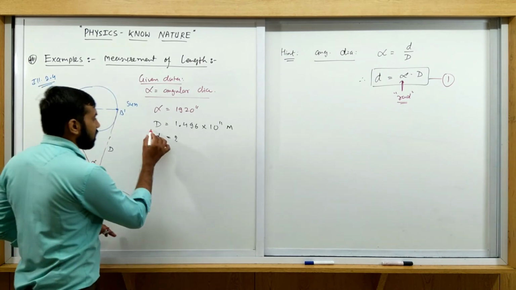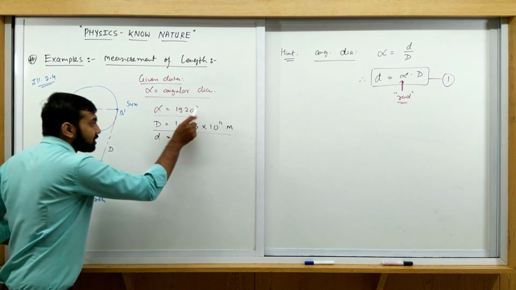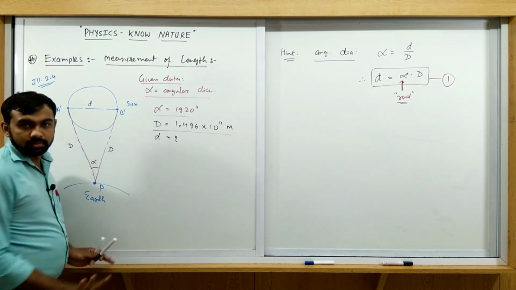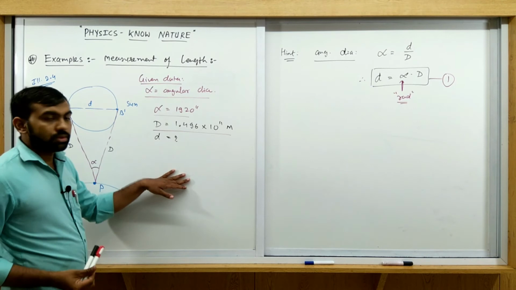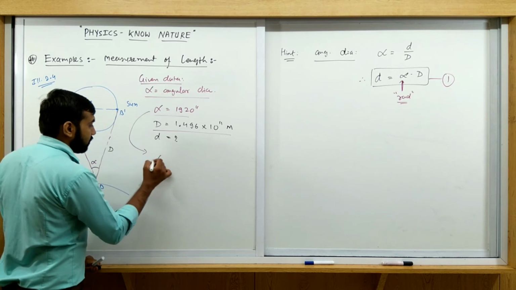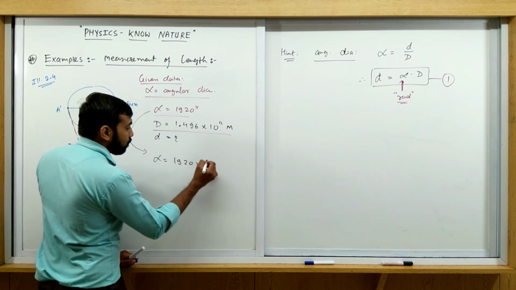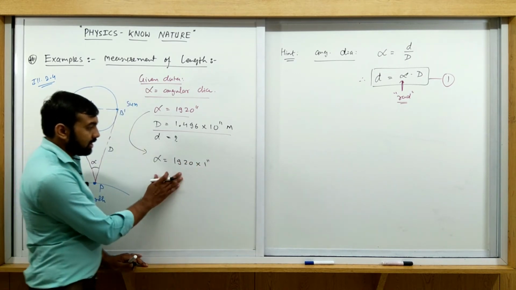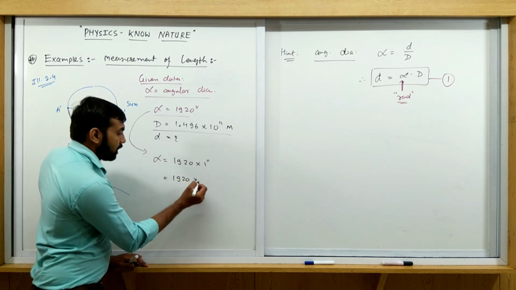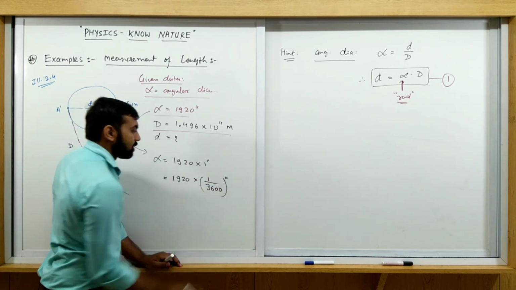Now D is given, alpha is also given, but it is not given in radian. It is given in seconds. To calculate the answer, you convert seconds to radian as we discussed in our angular conversion theory. So write this value as 1920 into 1 second. 1 second in degree is 1 upon 3600 degree.